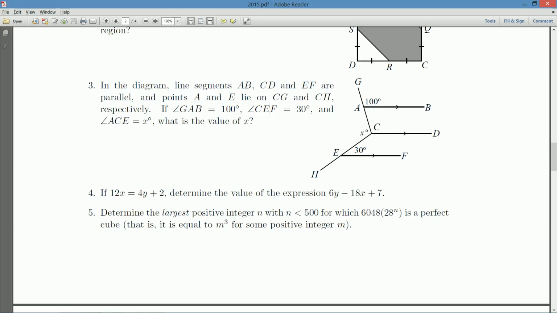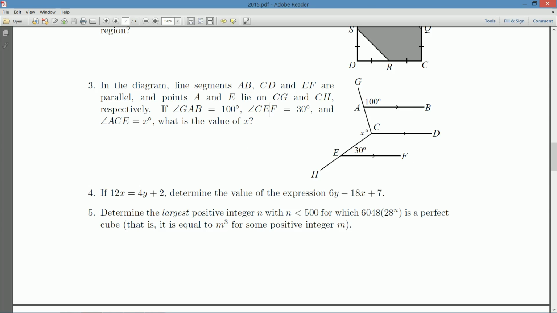So here's C in the middle, and we've got spokes going out to G and H, and we've got A and E here. If the angle GAB is 100 degrees and angle CEF is 30 degrees and angle ACE is X degrees, what is the value of X?